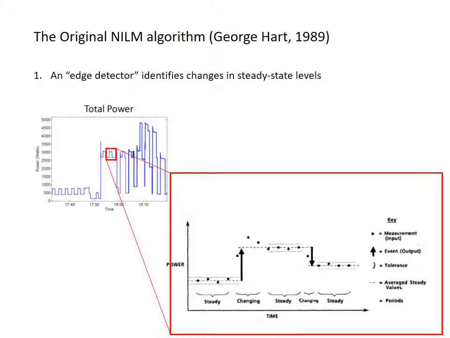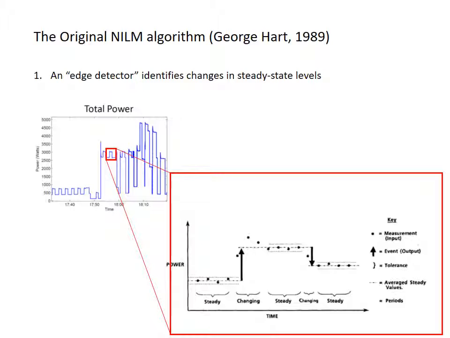Step change we're defining here as any increase or decrease beyond a certain threshold, right? The threshold here is what looks to be our confidence bounds around what we are saying is a steady state.